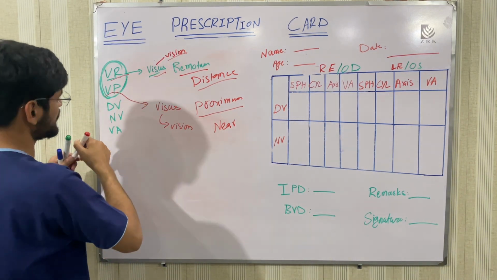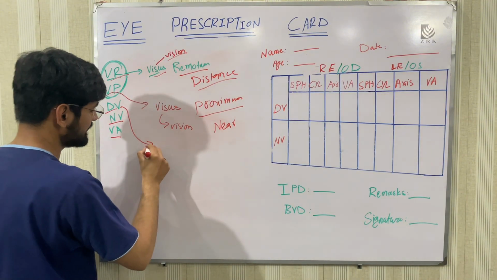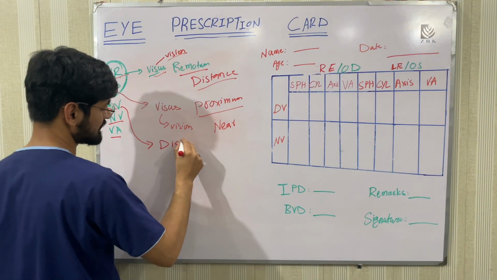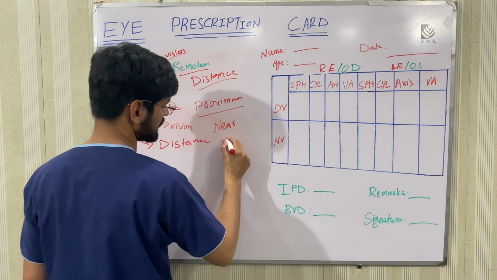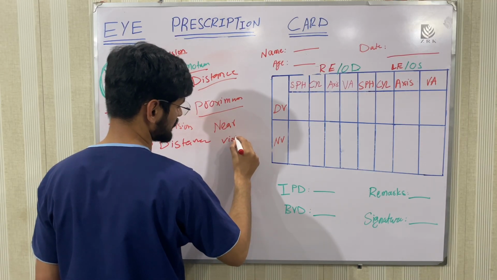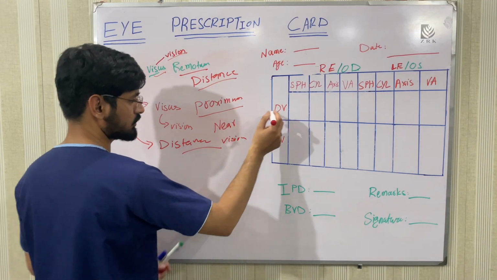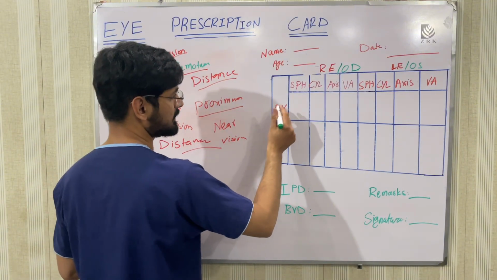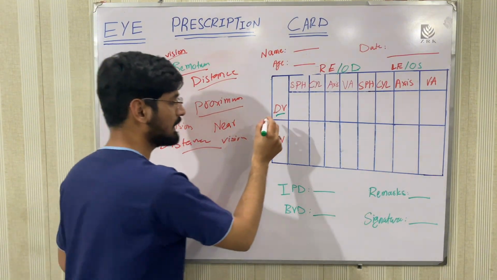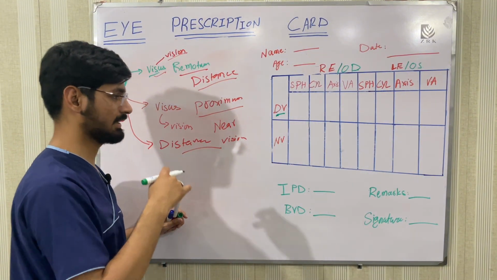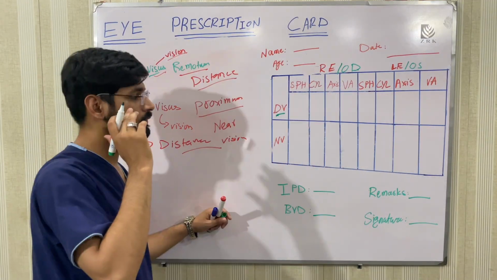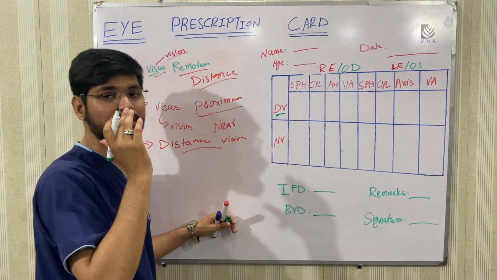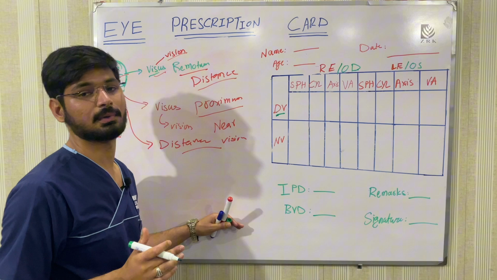So come to the next words. Here DV means distance vision. By this word I am able to understand these are the row where we can write about the distance visual acuity number.